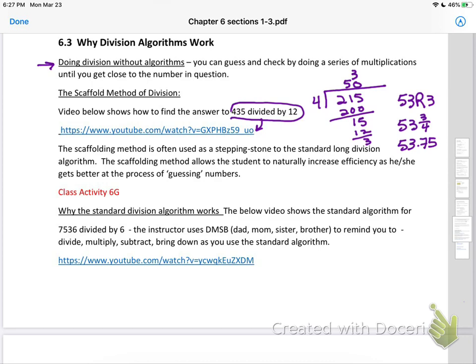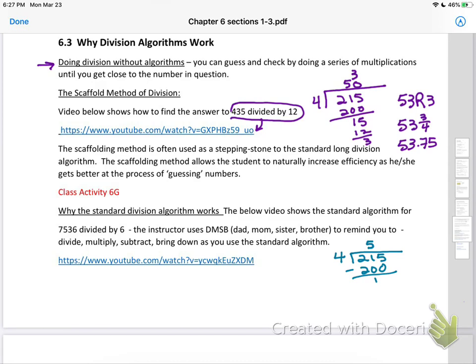Okay, so during the standard algorithm, I'll use the same numbers. So 4 going into 215. So 4 cannot go into 2, but 4 can go into 21. How many times? 5 times. Put a 5 above the 1 in the 21. 4 times 5 is 20. I'm going to subtract.